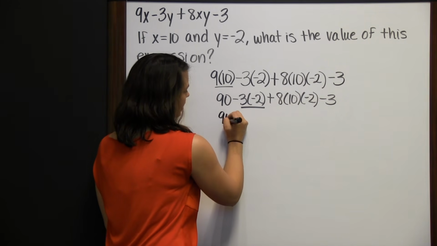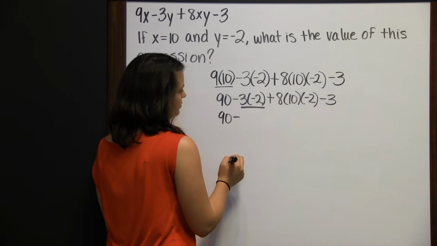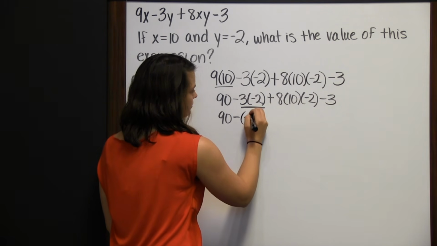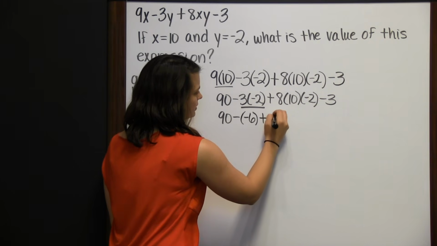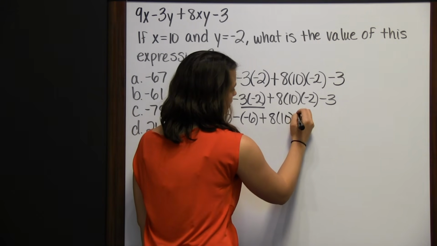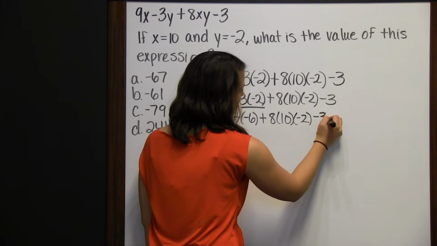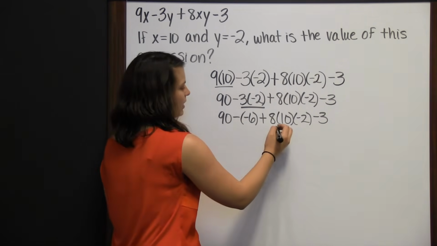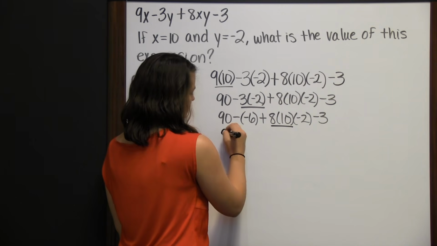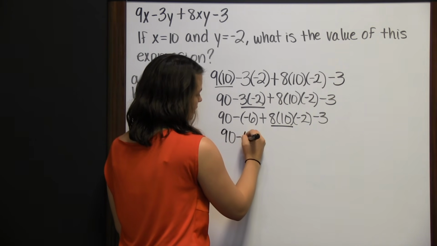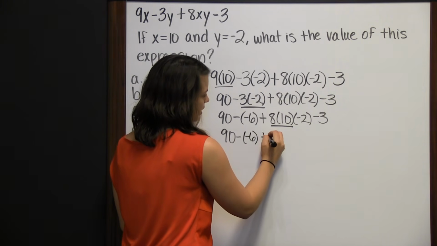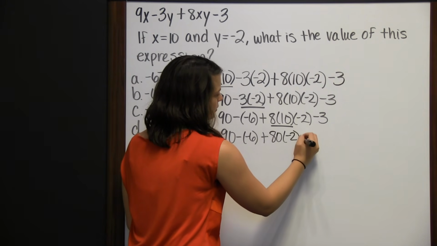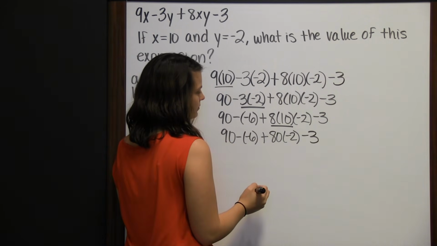So I'm going to bring down my 90 minus 3 times negative 2 is negative 6, plus 8 times 10 times negative 2 minus 3. Our next set of multiplication would be 8 times 10. So we have 90 minus a negative 6 plus 8 times 10 is 80 times negative 2 minus 3.